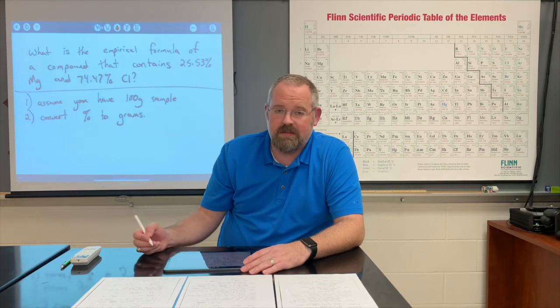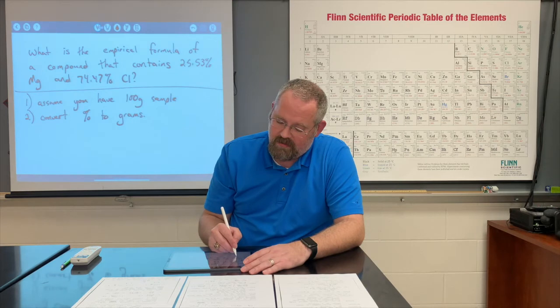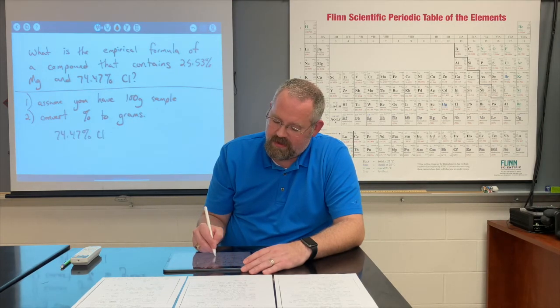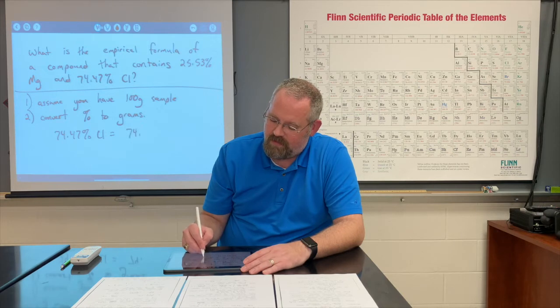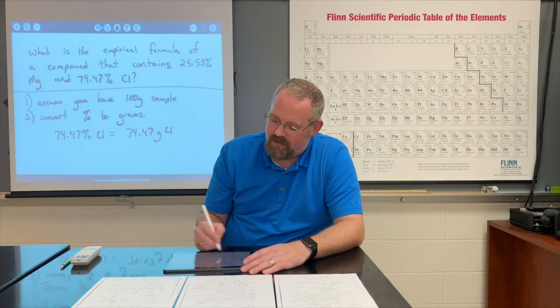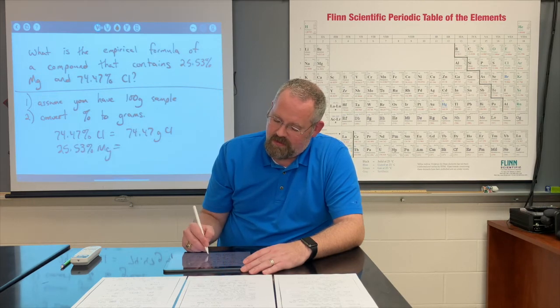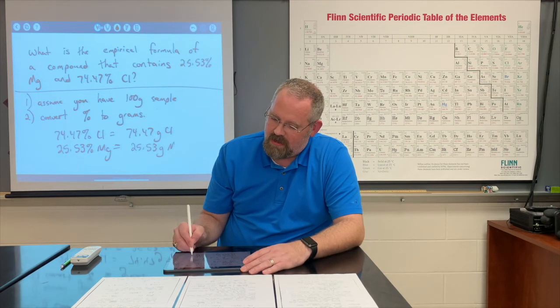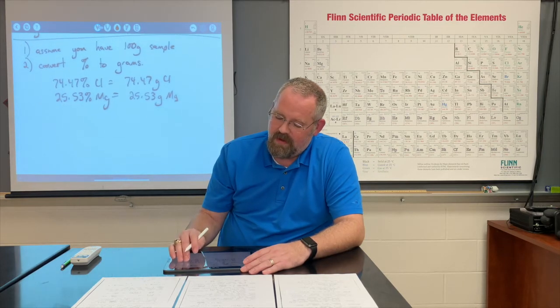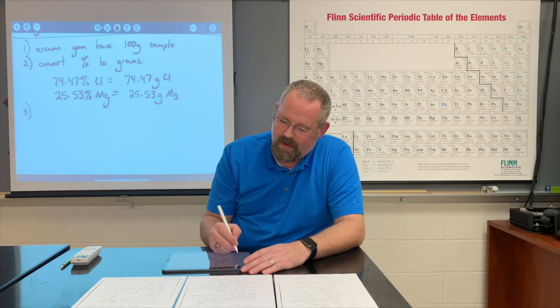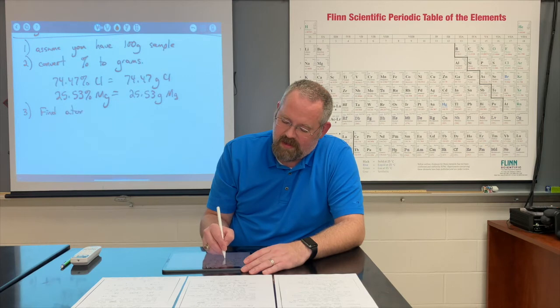Now in this case, it's equal, so I have 74.47% chlorine, which is going to be equal to 74.47 grams of chlorine, and likewise for magnesium. Percent magnesium is equal to 25.53 grams of magnesium. Okay. Step 3, find atomic mass.